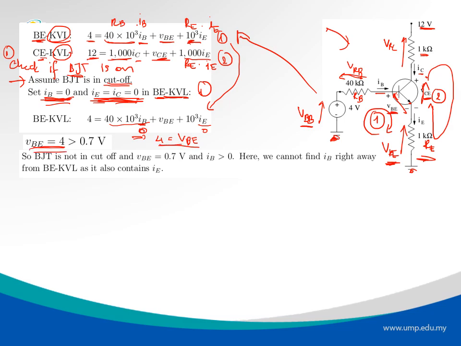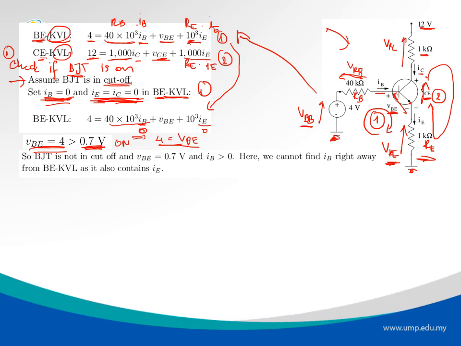And when VBE equals 4, we know that 4 is larger than the bias voltage. If it is larger than the bias voltage, it means it is turned on. It is on and it is not off, right? So that's how we verify whether it's turned on or turned off.